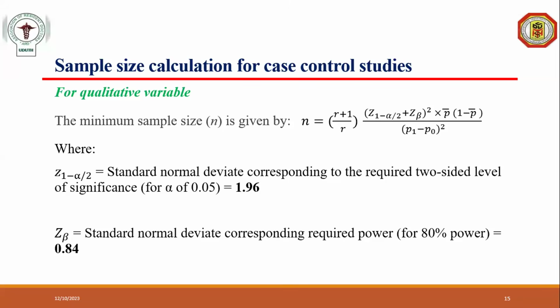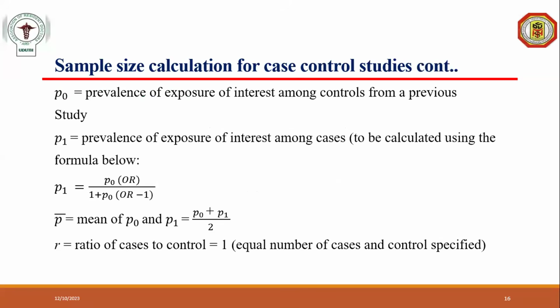That alpha and that beta are all the same as in the previous formulae. Then P naught is the prevalence of exposure of interest among controls from a previous study.